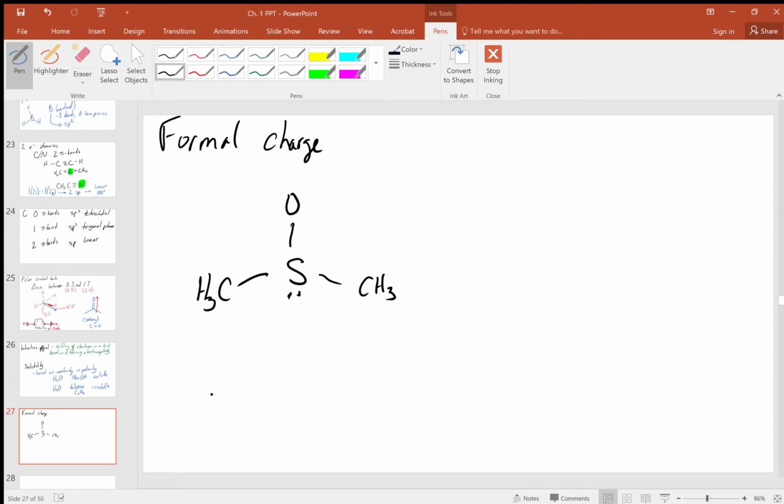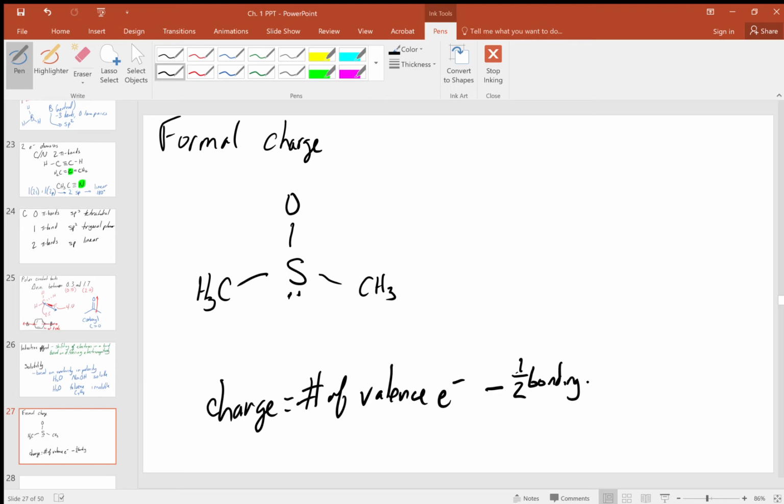So remember that formal charge is equal to the number of valence electrons minus 1/2 of the bonding electrons minus all of the non-bonding electrons.